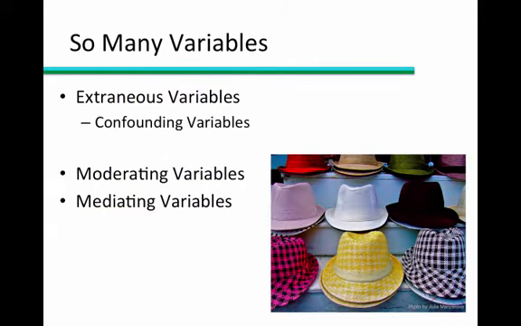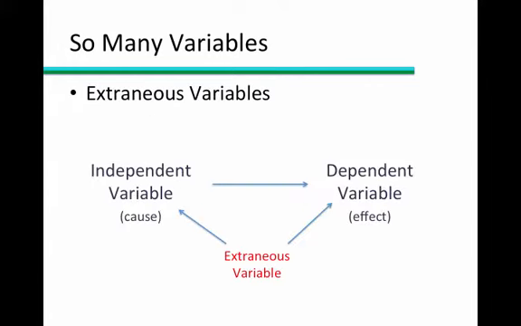So, to sum up, while the focus of research experiments is typically to study the relationship between independent and dependent variables, other factors can affect that relationship. Extraneous variables add noise to the relationship, and researchers try to avoid them or control for them.